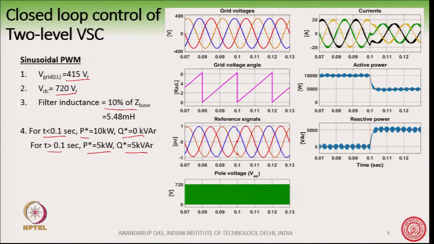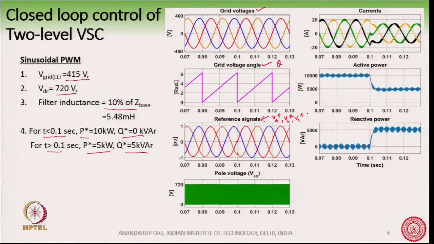Okay. So, here you see this is the grid voltage 415 volt, these are the grid phase voltages, and from the grid voltage we get the value of theta. Okay. This is at 50 hertz. So, this is the grid voltage angle, and then this is the reference signal, this is the VA star, VB star and VC star.